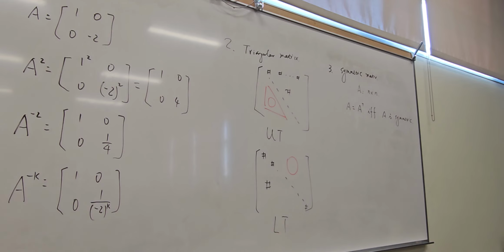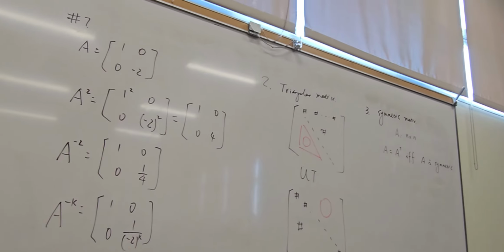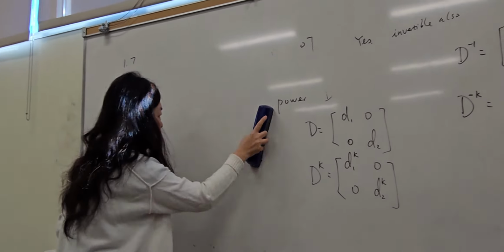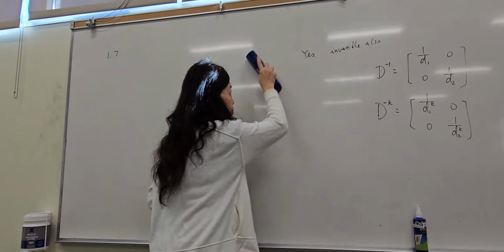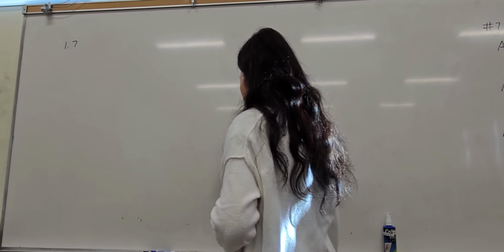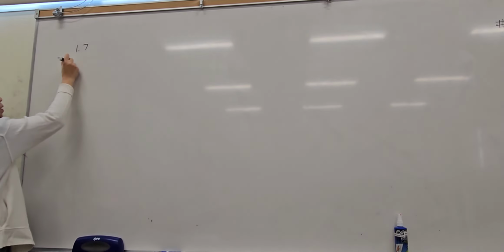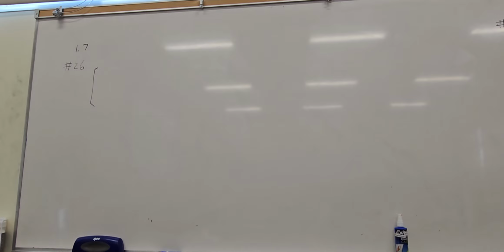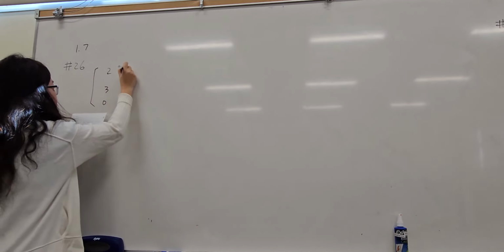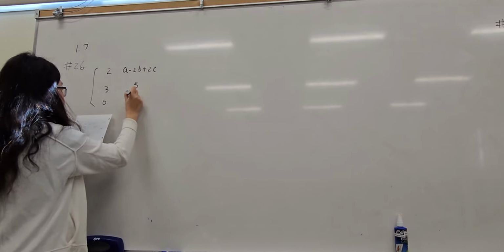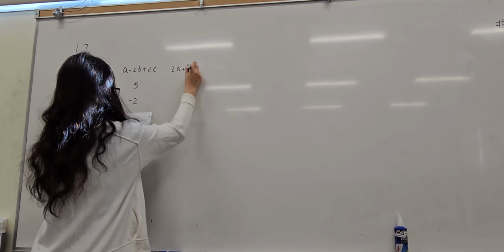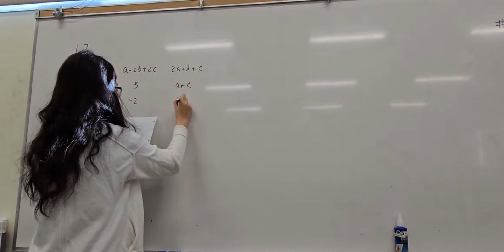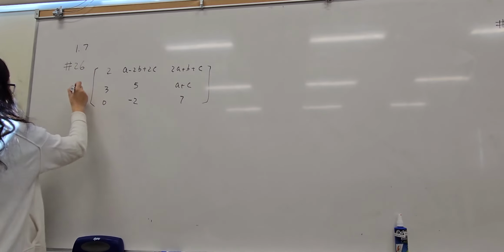So I write this on the board. And here our matrix is, so here's an A.